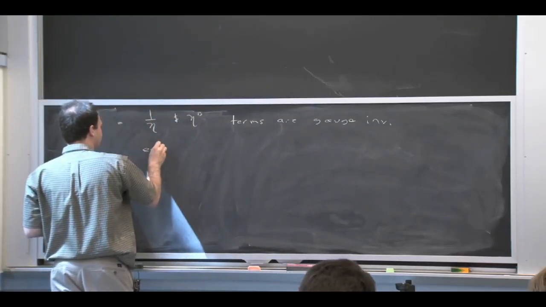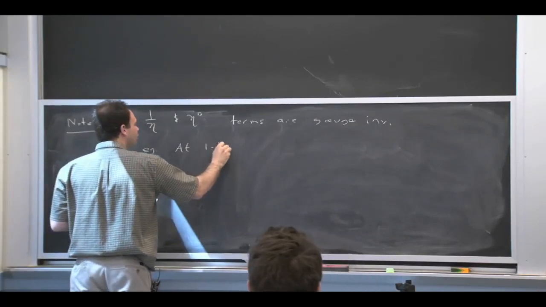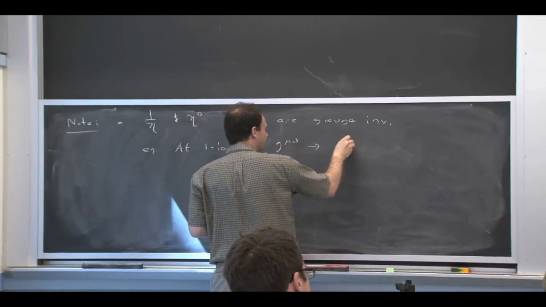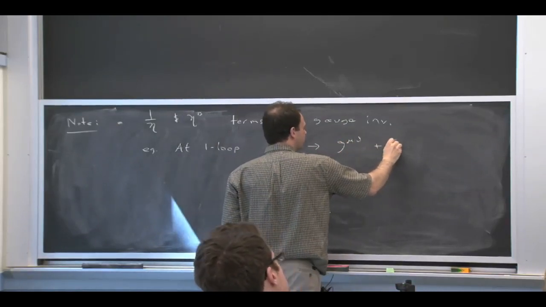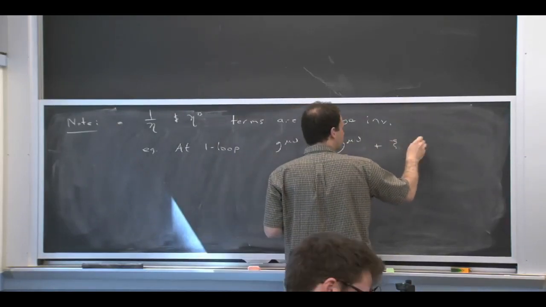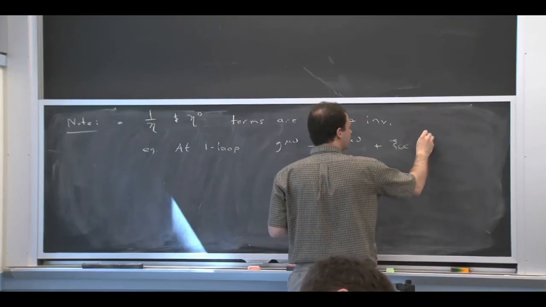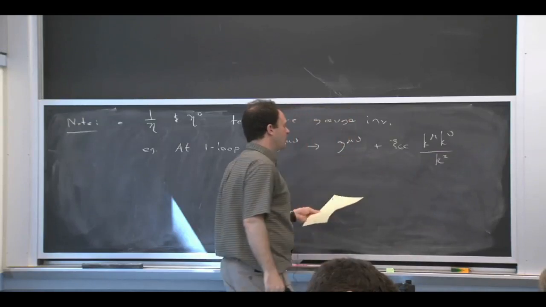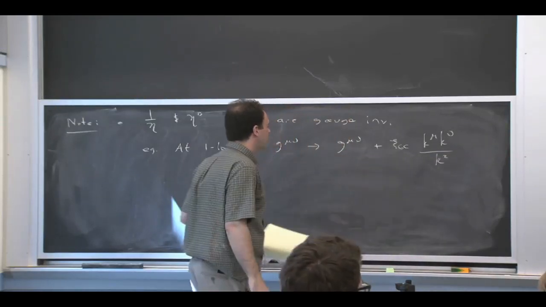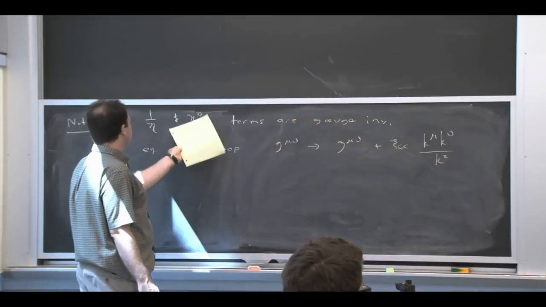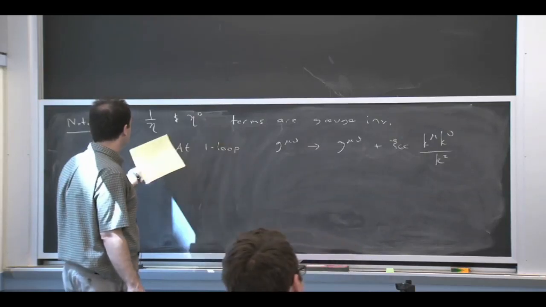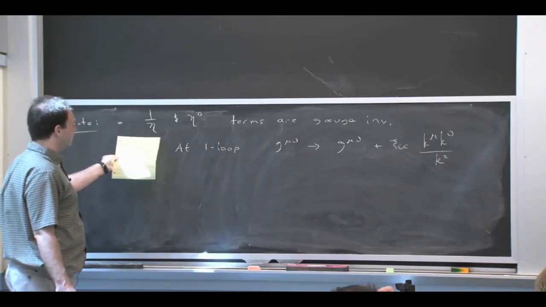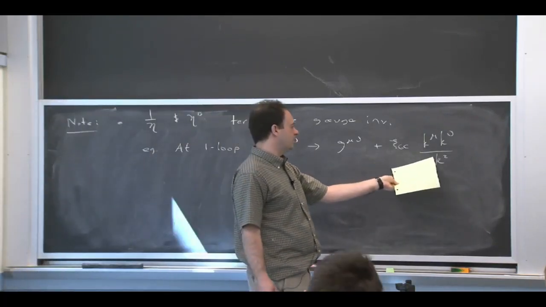So for example, at one loop, you would take g mu nu in the contractions and replace it in general covariant gauge by g mu nu plus some gauge parameter times k mu k nu over k squared, and you'd like to see it independent of this. The eta to the 0 piece is independent of that for the usual reasons. And the 1 over eta term is independent of that because this piece doesn't induce any rapidity singularities.